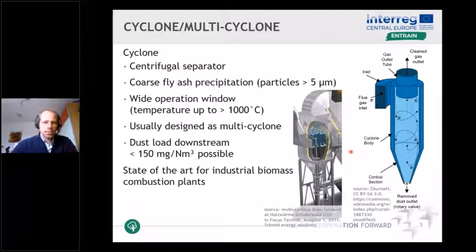Dust loads downstream of a multi-cyclone are in the range of about 150 milligrams per normal cubic meter. This technology is state-of-the-art for industrial biomass combustion plants and usually directly integrated into the boiler section or, like here, as a separate unit downstream of the boiler.